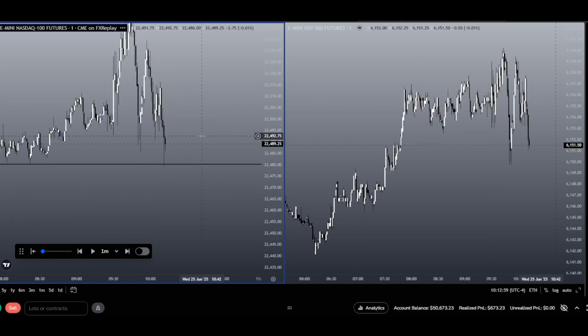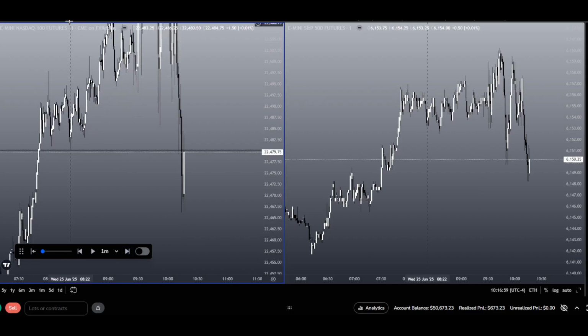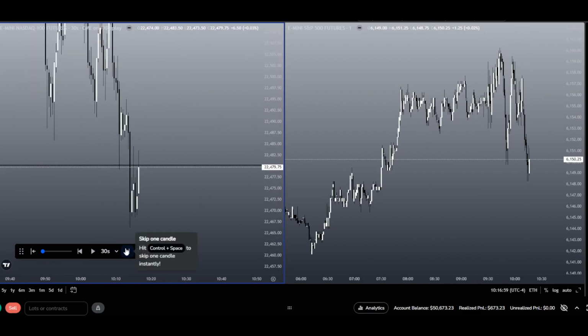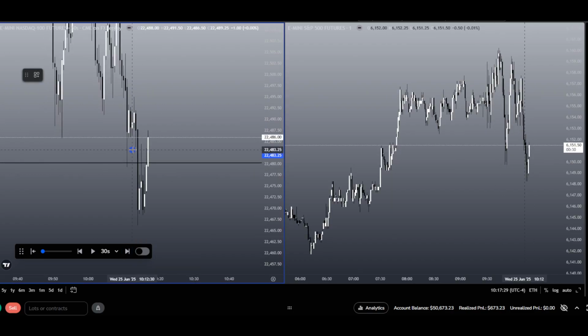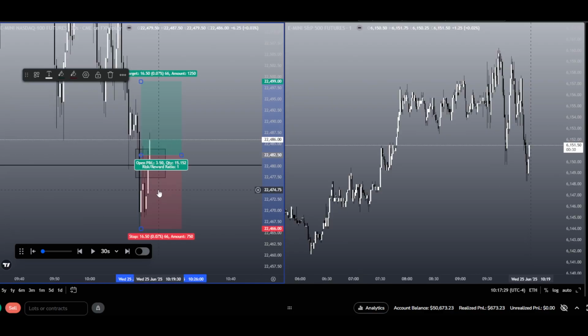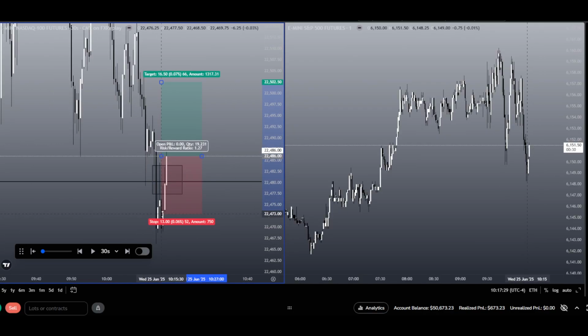So now we got a sweep of the low. This is where I'd be looking for a long, probably. I do like this 30-second. If we get it. I will take this. No. No. That's something different.